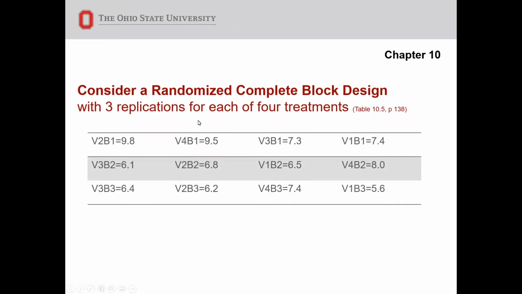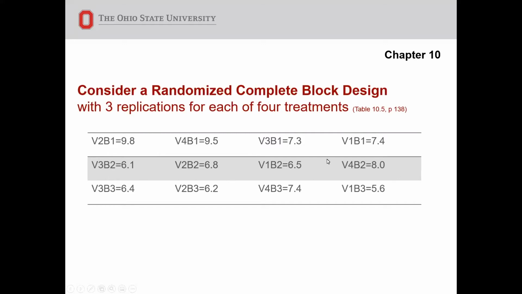Just to remind us where we had got up to, this is data from table 10.5 in our text. This shows both the layout and the data for a randomized complete block design with 3 replications for each of 4 treatments. You should recall that the randomization is restricted such that all 4 treatments occur within this first block.